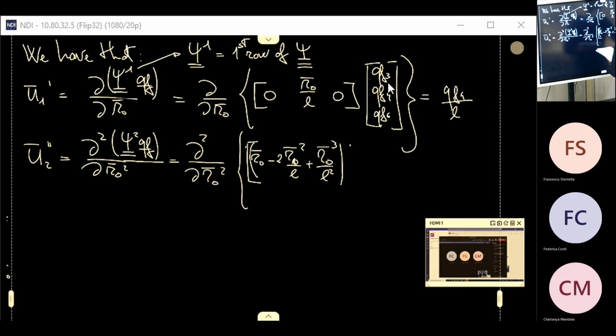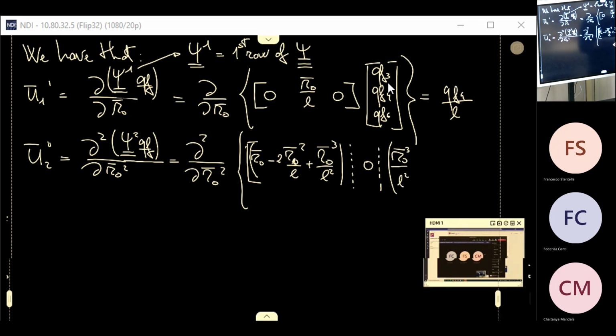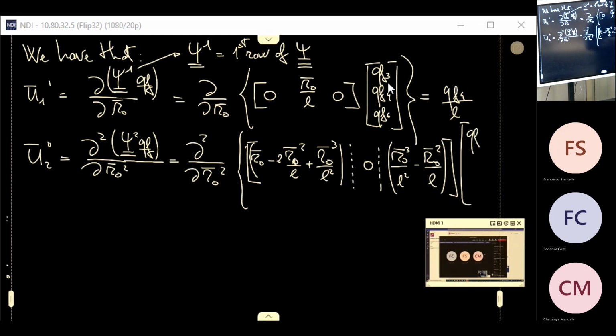Then if you remember, you have a 0, and then you have, again between brackets, R0 to the third over L squared minus R0 to the second over L. All of this, again, being multiplied by F3, F4, F6.